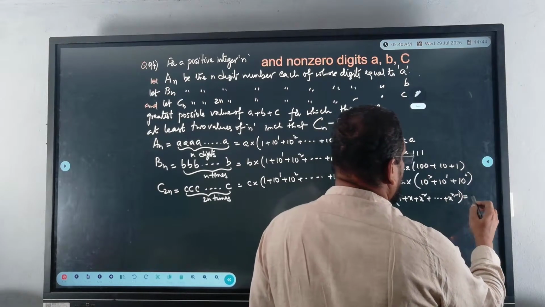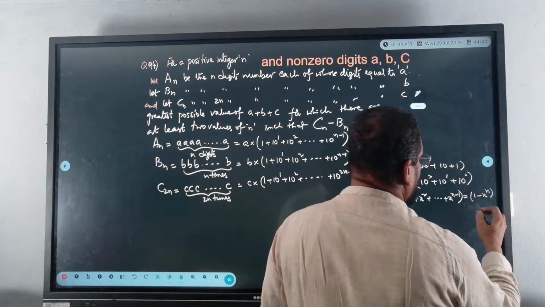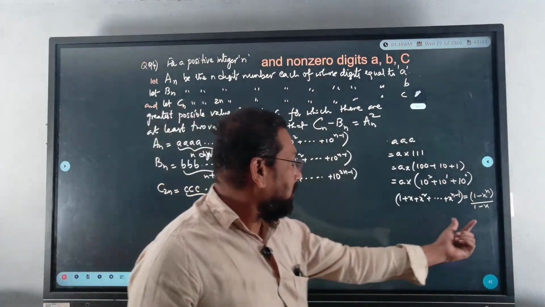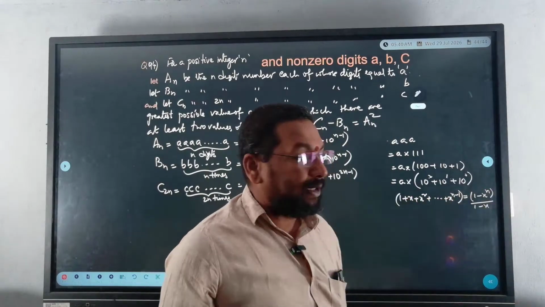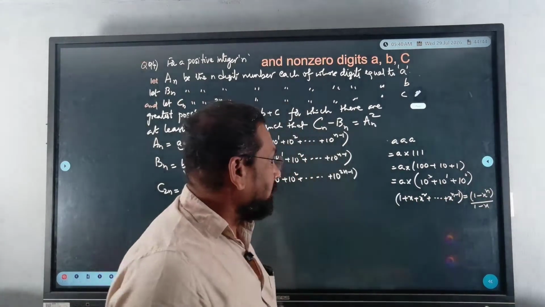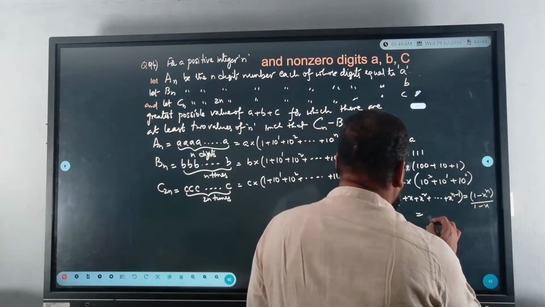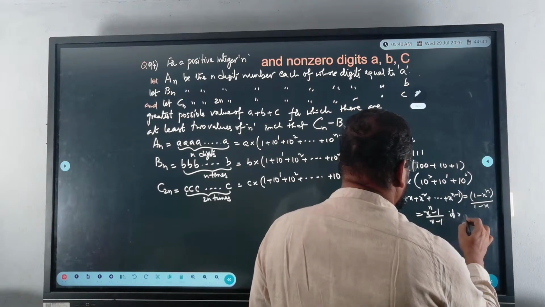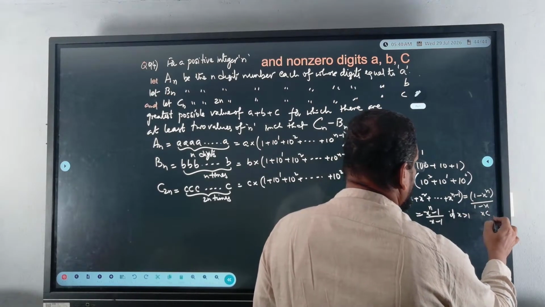What is its expandable form? 1 minus x power n by 1 minus x. This is the formula: 1 minus x into this one is 1 minus x power n. Also, it can be written as x power n minus 1 by x minus 1 if x is greater than 1. Here it is x less than 1.